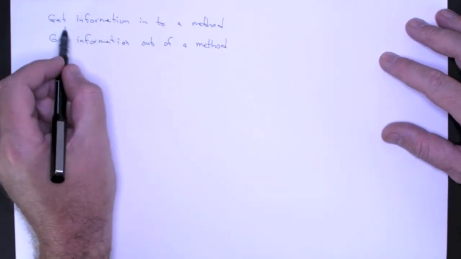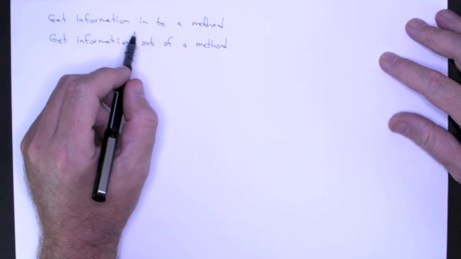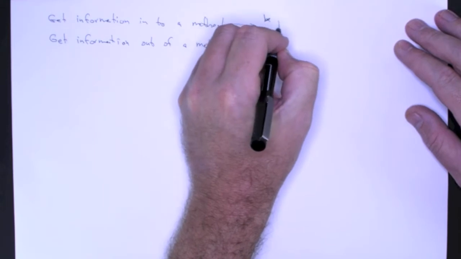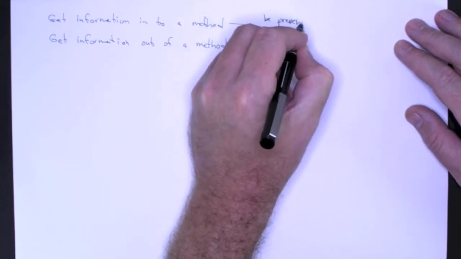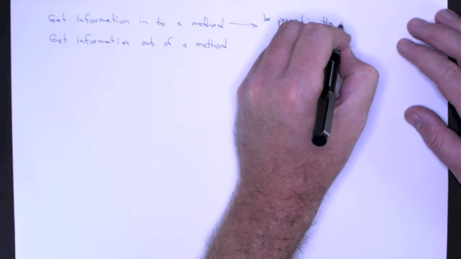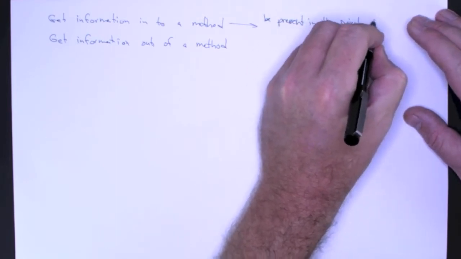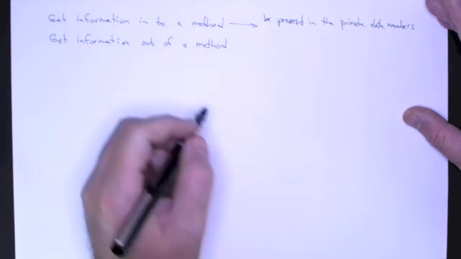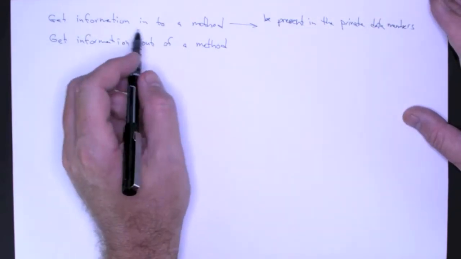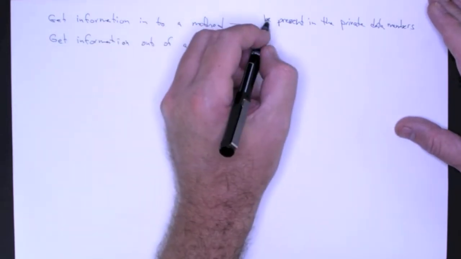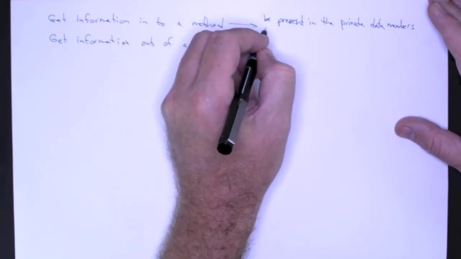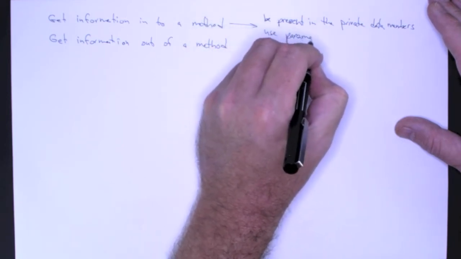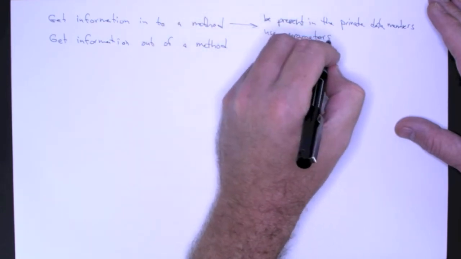The main way that we get information into a method, first of all, it can be present in the private data members. And then the other way we get information into a method is we use parameters.